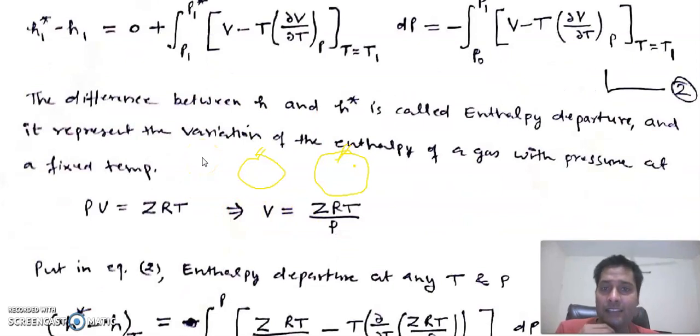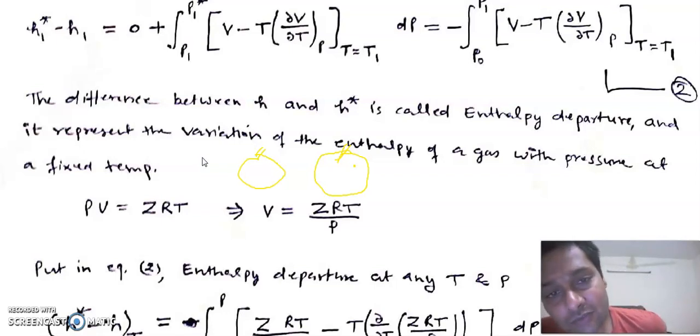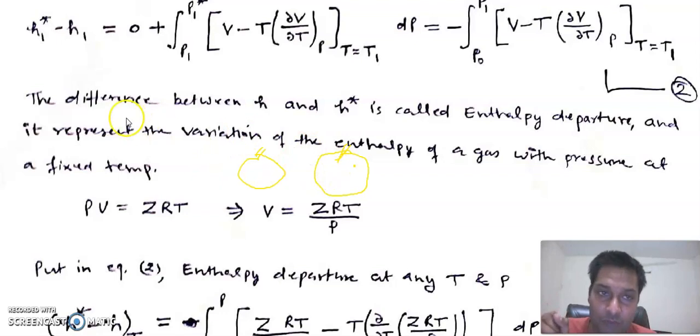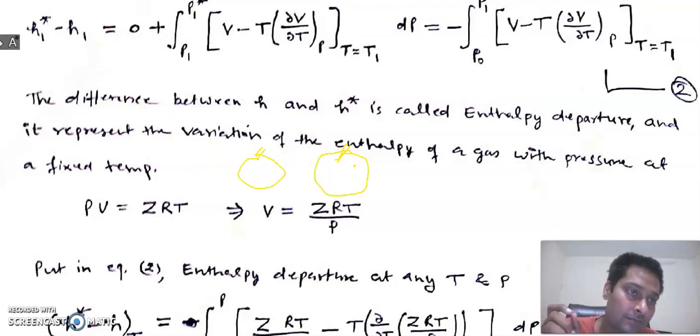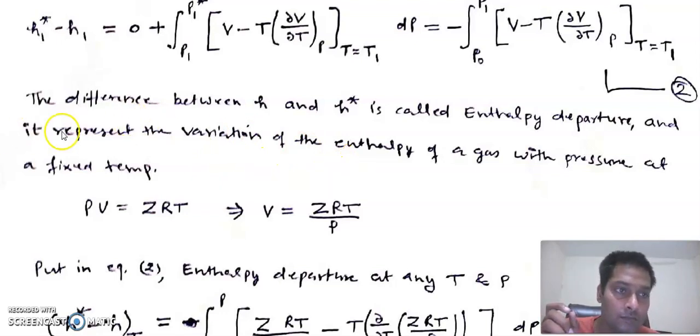So this is the variation of enthalpy of a gas with pressure at a fixed temperature. Whatever the temperature may be, it will give us the variation of enthalpy with pressure. We know PV equals ZRT.